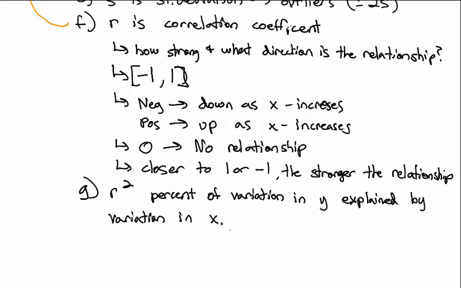In other words, how much changing x is going to affect changing y. What percent of that change in y is because of a change in x? If it's 100%, that means there's a direct relationship. One goes up, the other goes up very predictably. 80%, not so much. There's a little bit of variation that's due to other things, because in reality there's more than one variable affecting each other variable.